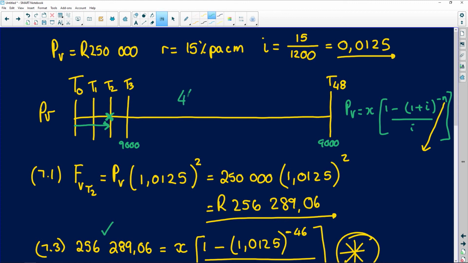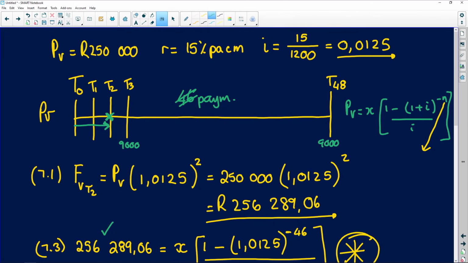Now remember, there was 46 of those payments initially at the initial rate. But now if he pays 9,000, which is what the question says, how much is the final payment? This 36 or 46 is now 12 less in terms of the number of payments.